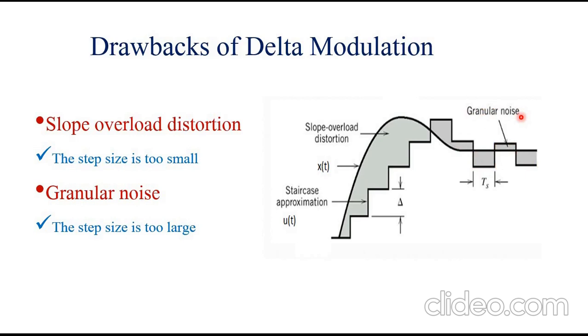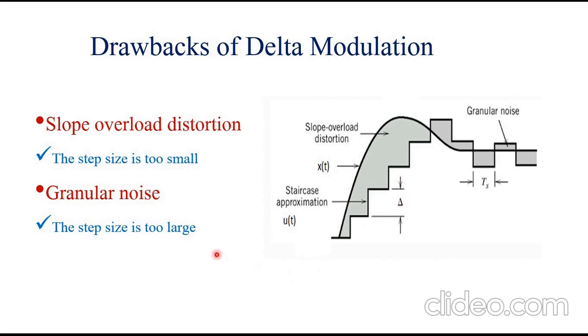So there are two drawbacks. One is slope overload distortion and the other is granular noise. In slope overload distortion, the step size delta becomes too small, and in granular noise, the step size delta is too large. Therefore a large step size is required to accommodate the wide dynamic range of the input signal to reduce slope overload distortion, and a small step size is required to reduce granular noise.